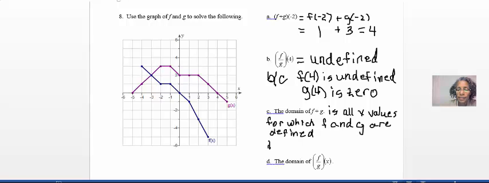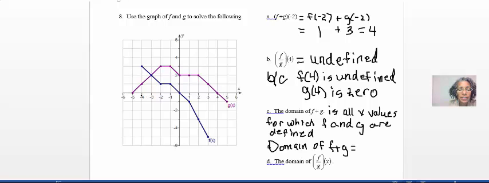So the domain of f plus g is, now notice, g is defined for negative 5 and 5 and all numbers in between.